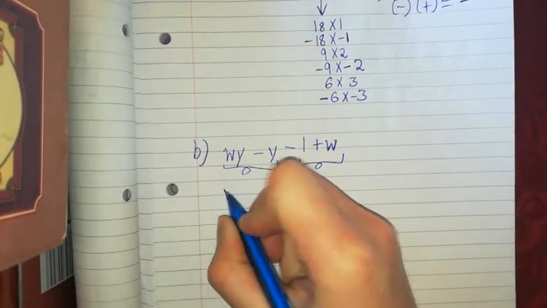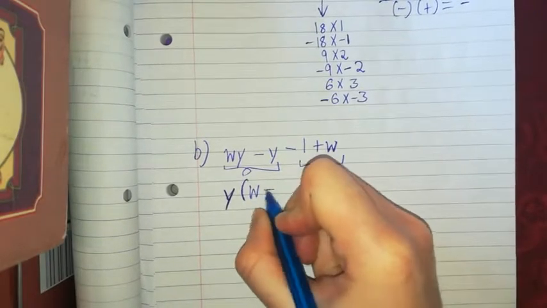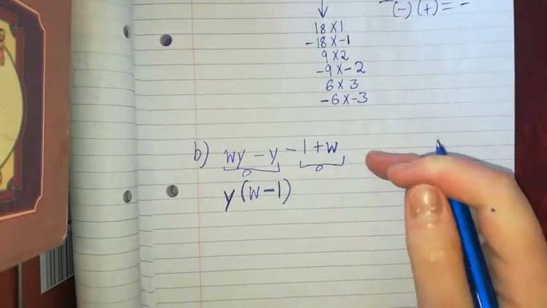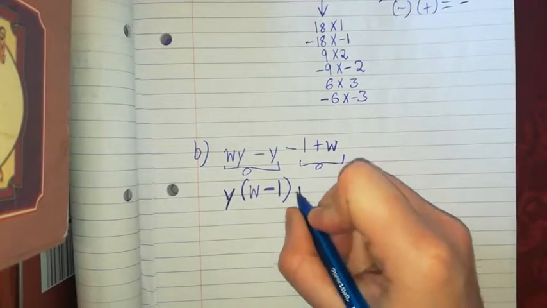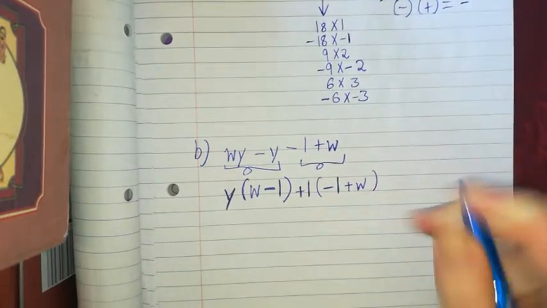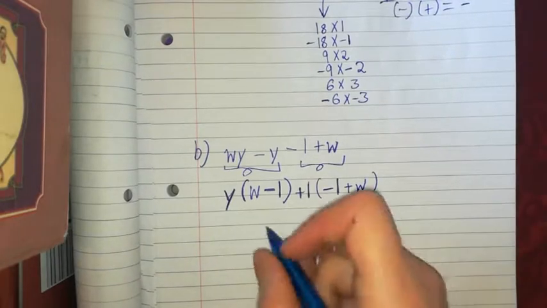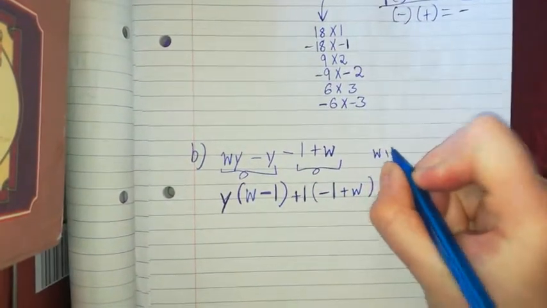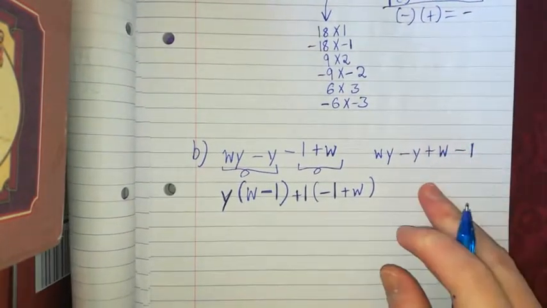If we take out y from the first two, then we'd have w minus 1, and if we take out a 1 from the last two, then we'd have minus 1 plus w. But minus 1 plus w is the same as w minus 1, so we could have just changed the order: wy minus y plus w minus 1.